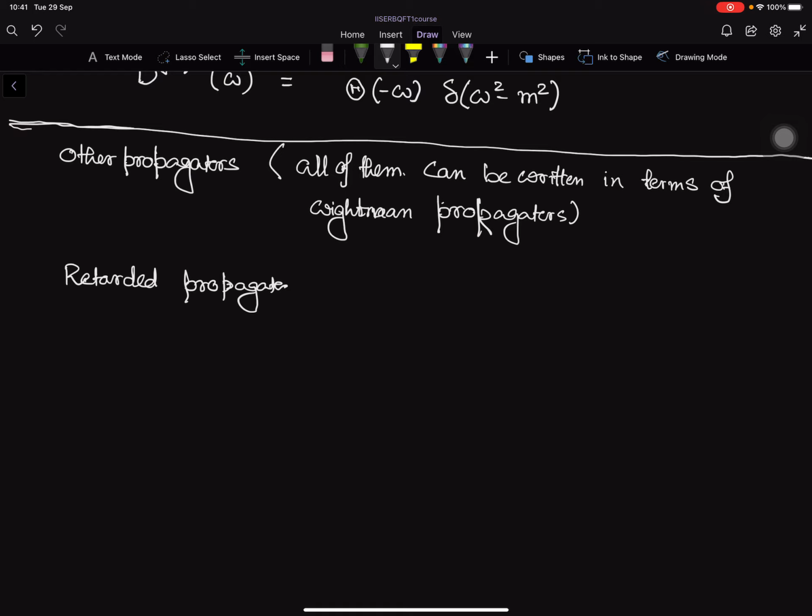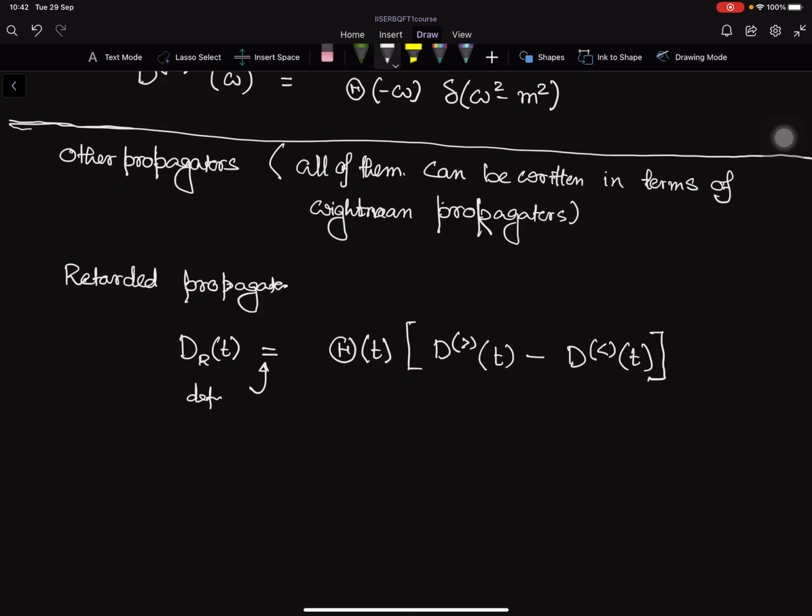And retarded propagator, so we write it in this way, is defined, the definition, there is a theta function in the position space.